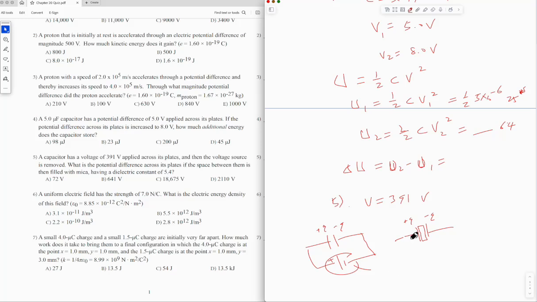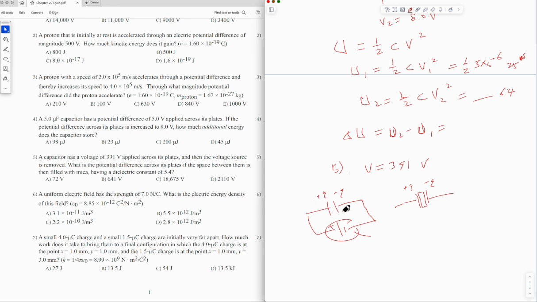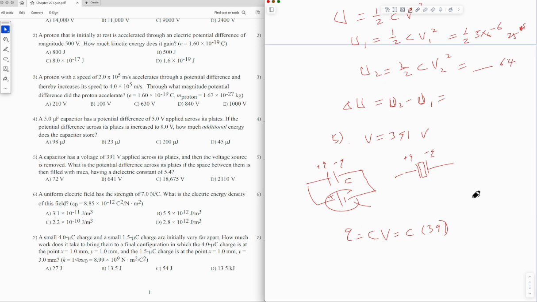Assume at this moment the capacitance is C, so Q equals CV, which is C times 391. That's the amount of charge you trapped. And then you put mica in, so C prime equals 5.4 C. Simply by putting in mica, you increase the capacitance by this much.